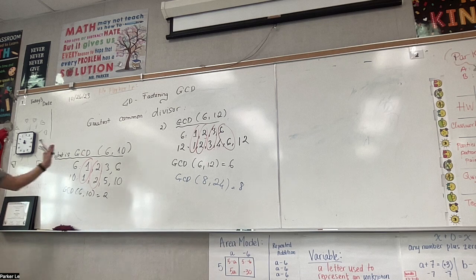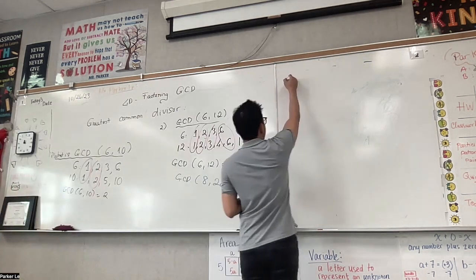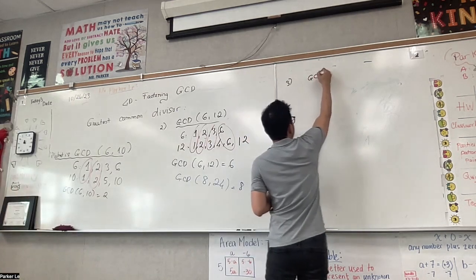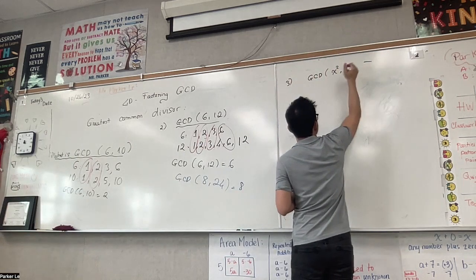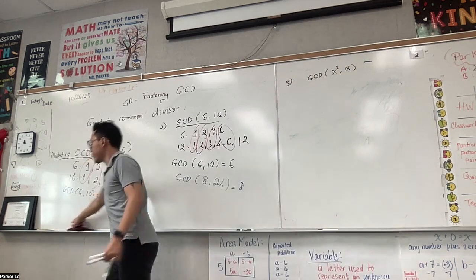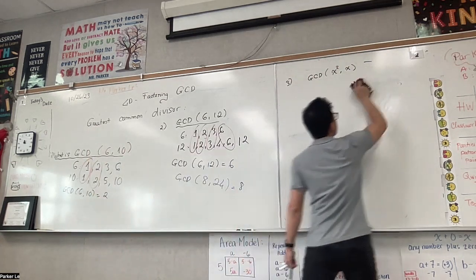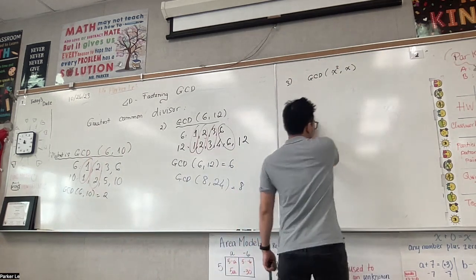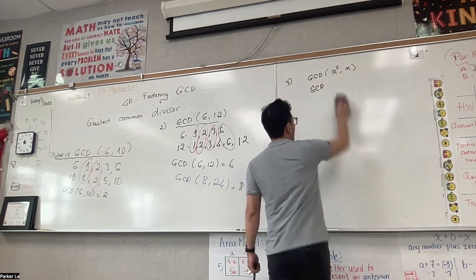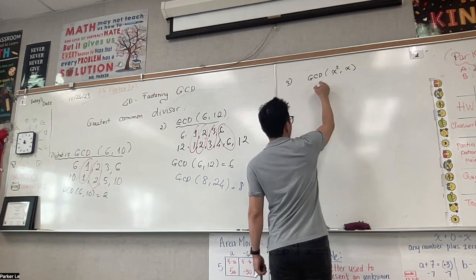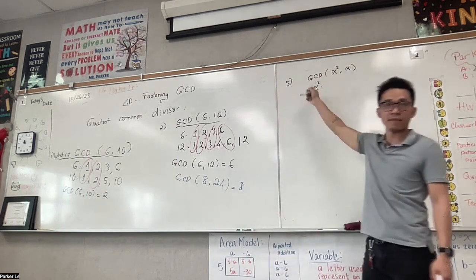I think we just need to do this the two ways. Now let's do the letters. What is the GCD of, let's say, x squared and x? You already knew this, so let's do the same process. X squared. What are the divisors of x squared?